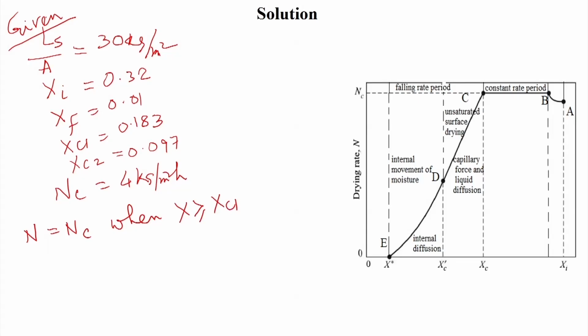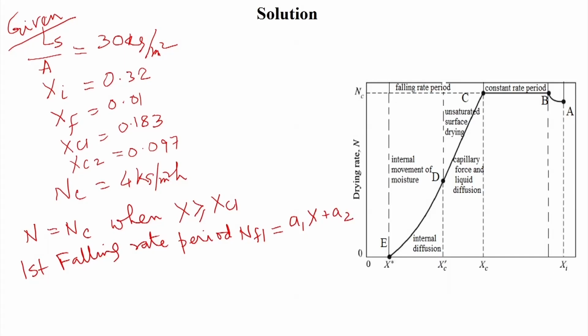Then for the first falling rate period, NF1 is linearly proportional to x, so NF1 is equal to A1 into x plus A2.